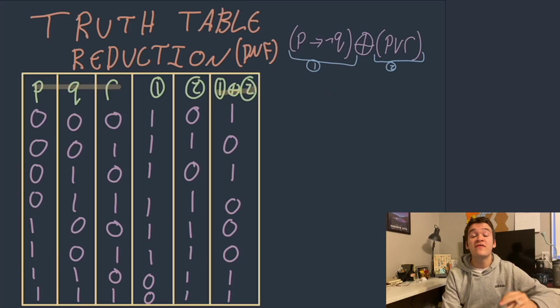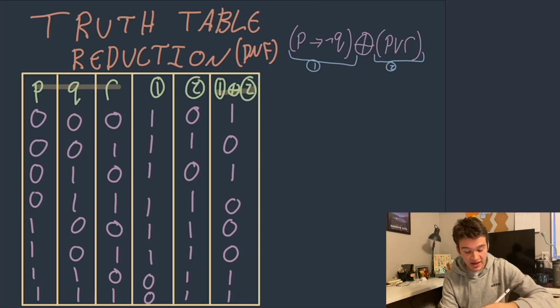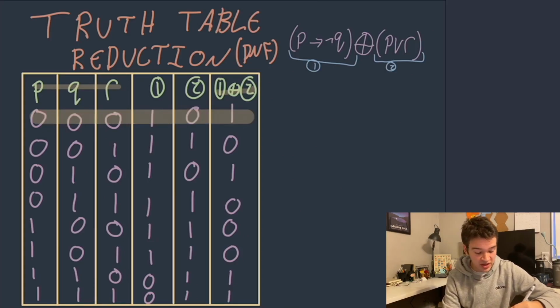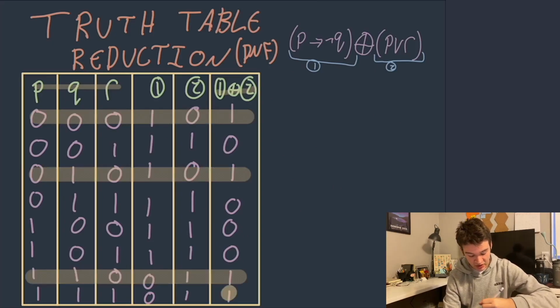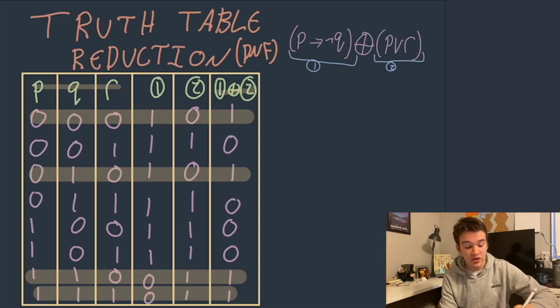So if you want to take something's truth table and find an equivalent DNF expression, you can simply go ahead and grab all of the rows where the answer ends up being true for the entire expression. So in that case, that's these four, and write those out as and expressions based on the values of the input variables.